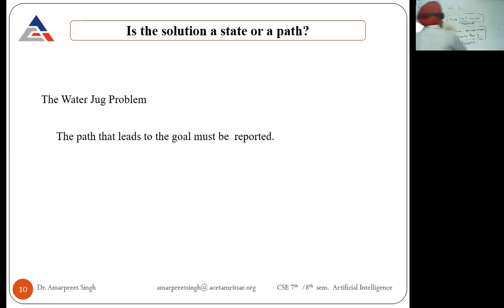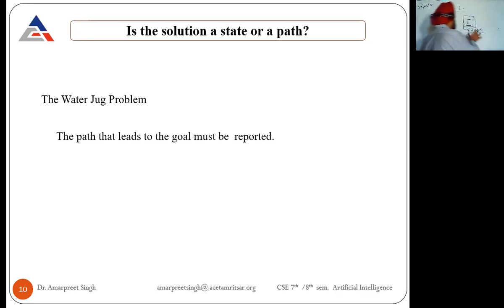Next. Is the solution a state or a path? So I will just tell you this also. Again, I will make a problem. This is the solution you have reached. Now, is this solution the final state, meaning the goal state, or is it the path to the goal state?